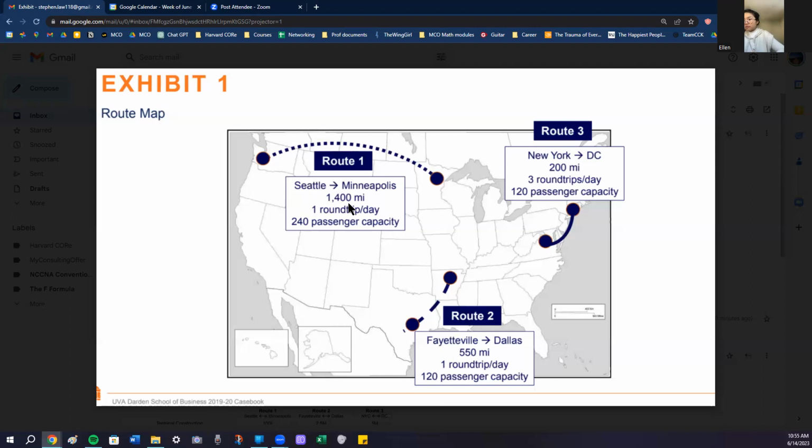That would be 144,000 ASM for route 2, multiplied by the 13 cents per mile. So let's walk through it: 144,000 times 13 cents.